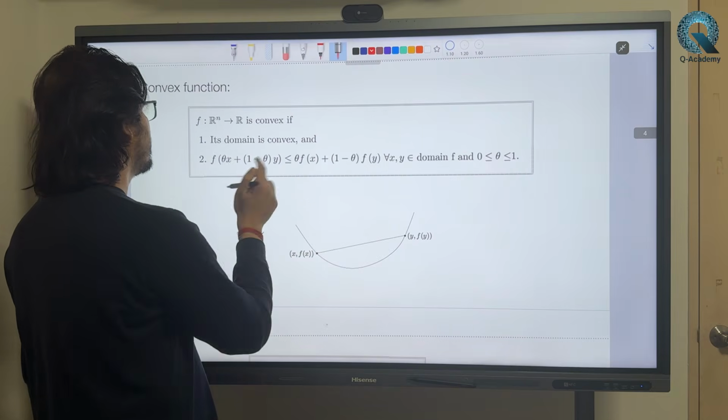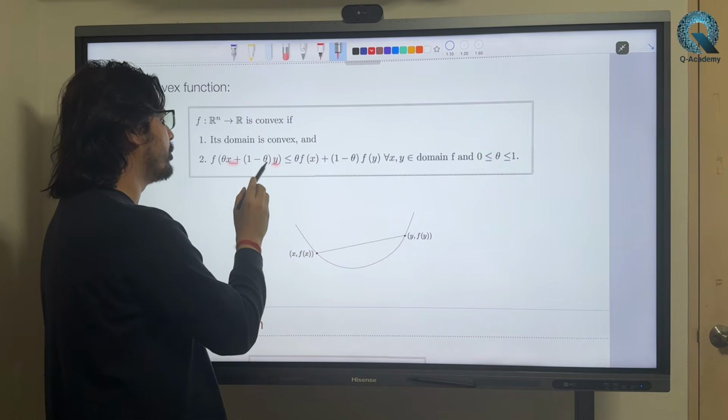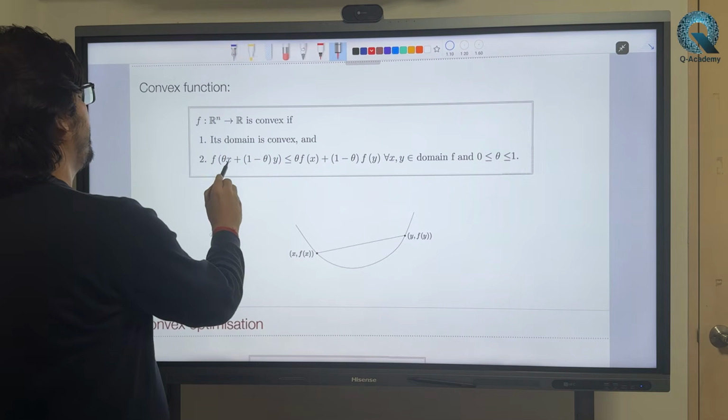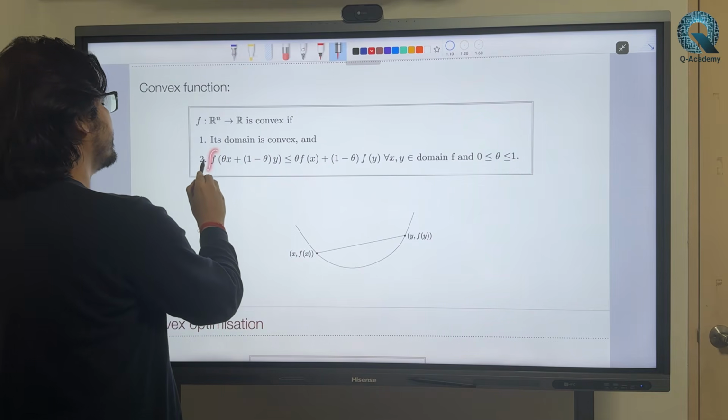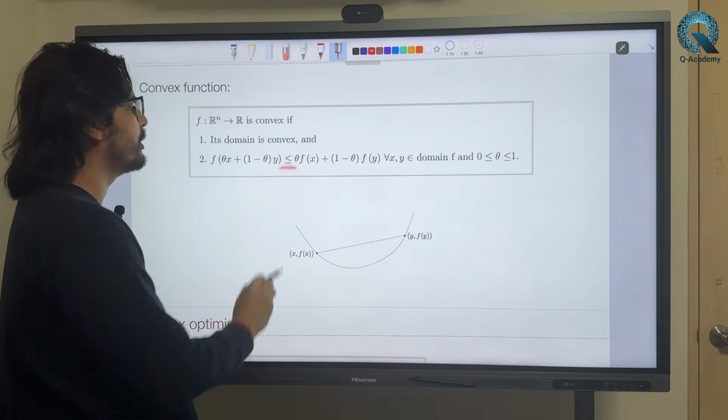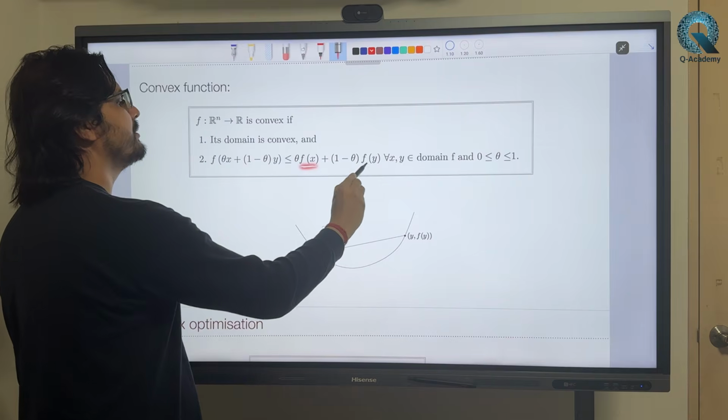So you take 2 points which are in the domain and take their convex combination and evaluate the function at that point. The value will be less than or equal to the convex combination of the function values.